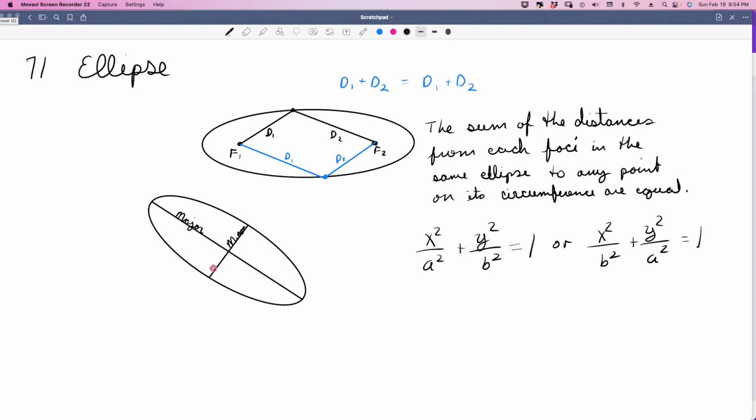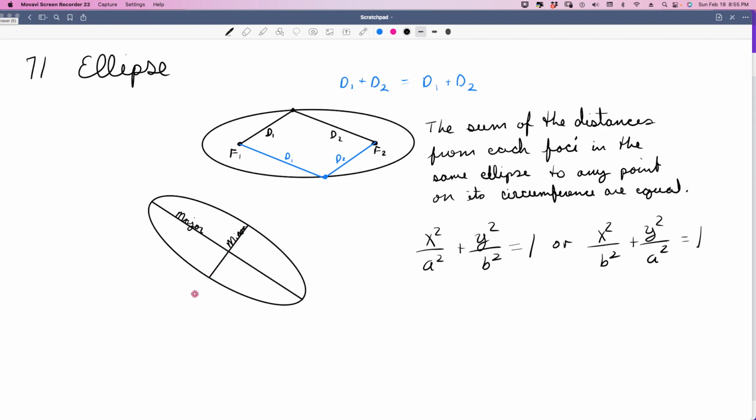So if you're finding the area of half an ellipse, you need to know which way you're going and which one you're looking at. The major is the longest one from end to end, and the minor is going to be the shortest one, typically from top to bottom, or what we consider side to side.